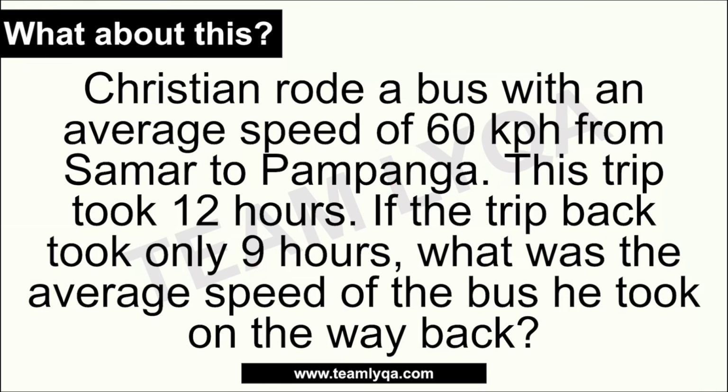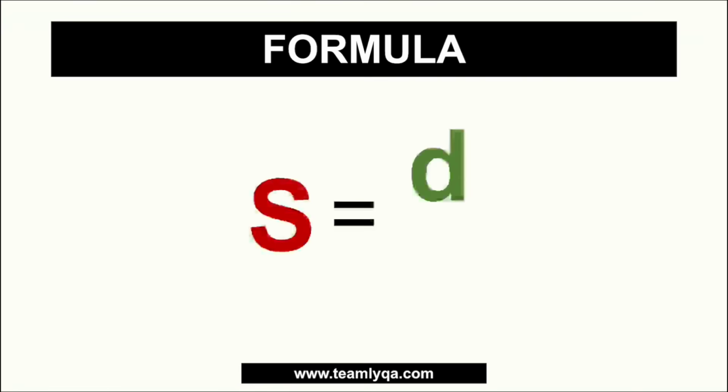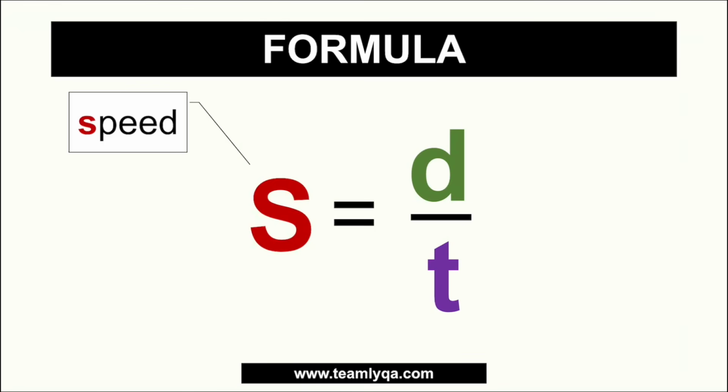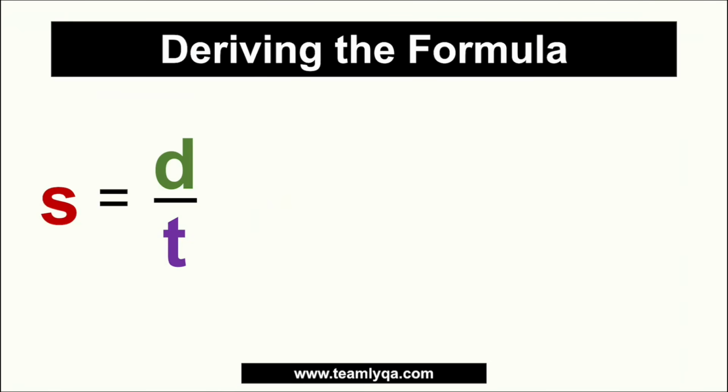Now, before we try to solve this, quick recap lang tayo sa mga formulas na pinag-usapan na natin dito sa motion problem series natin. Again, kung hindi nyo pa napapanood yung earlier videos, ililink ko dito sa I para makapag-catch up kayo. Ang basic formula is that S is equal to D over T, or speed is equal to distance over time. Tapos, napag-usapan na rin natin kung paano i-derive yung formula just in case na distance or time naman ang nawawala.